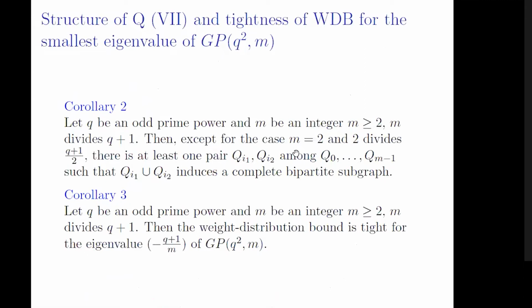Then, except for the case m equals 2 and 2 divides (q plus 1) over 2, there is at least one pair Qi1, Qi2 among Q0, and so on, Qm-1, such that Qi1, Qi2 induces a complete bipartite subgraph, which means that the weight distribution bound is tight for the smallest eigenvalue minus (q plus 1) over m for the generalized Paley graph.